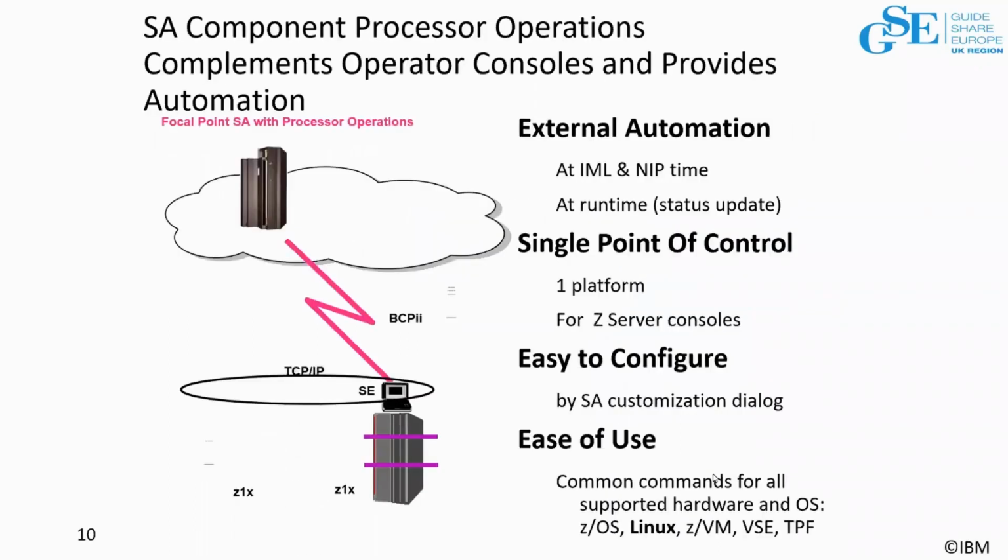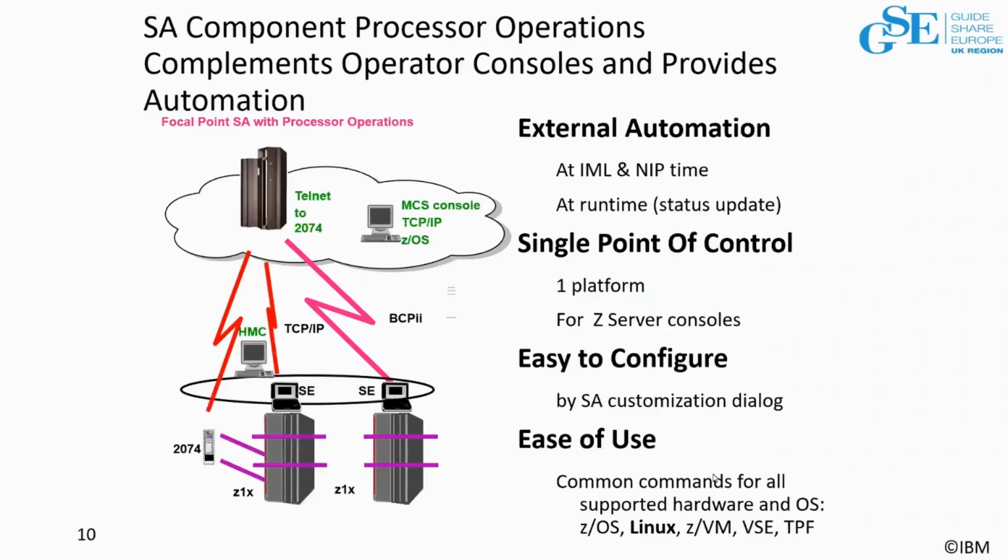So ProcOps, as I say, talks to the Z hardware, and you can automate the IML and NIP when you're bringing the systems up, and when they're running, you can monitor them for status and stuff. So at the top there, you've got your focal point.